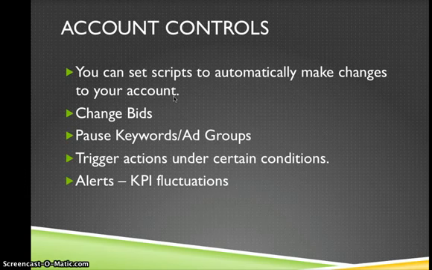So I know a lot of us out there have programs to do this kind of thing for us, be it DoubleClick or Kenshoo or Marin or Acquisio. But kind of before that time, we had to do it manually, and Google has these controls in place for us to do it. So we can set scripts to automatically make changes to our accounts, change bids based on things like click-through rates, conversion rates, pause keywords if they hit a certain spend without converting, or pause ad groups under similar conditions.